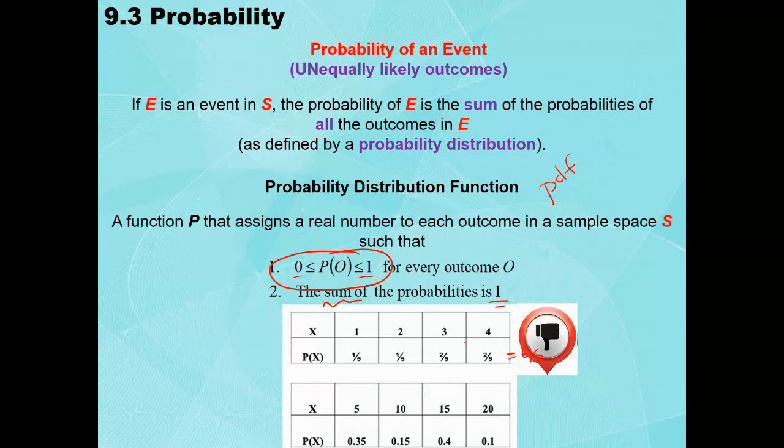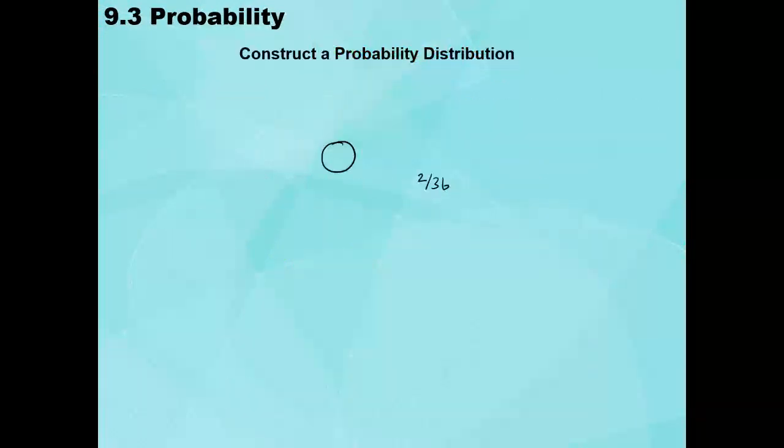So if that occurs, it's not a probability distribution function. It's not valid. This one works, right? If I take 0.35 plus 0.15 gives me 0.5, plus 0.4 gives me 0.9, and then 1, right? The sum is 1 for that.